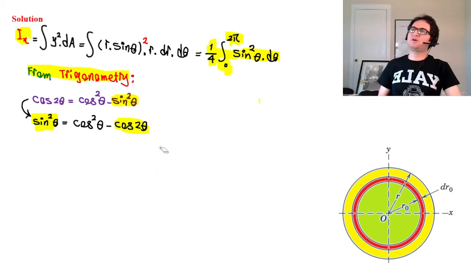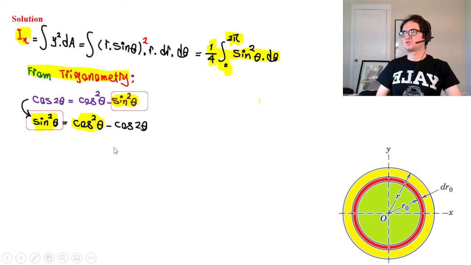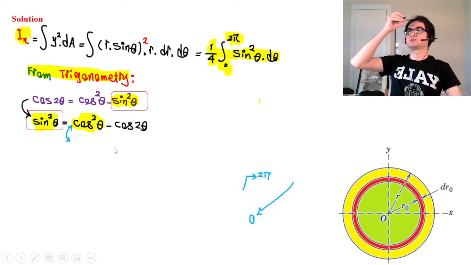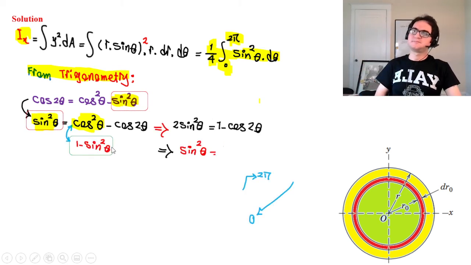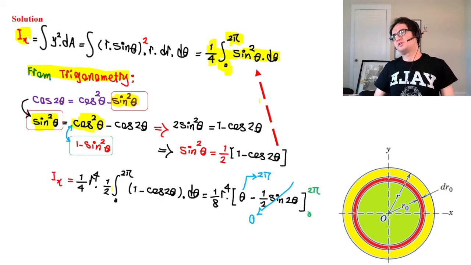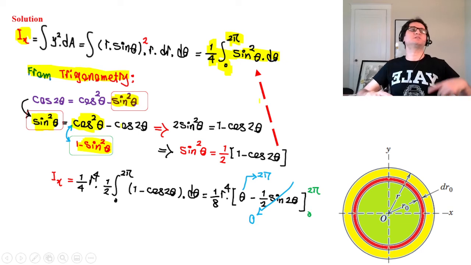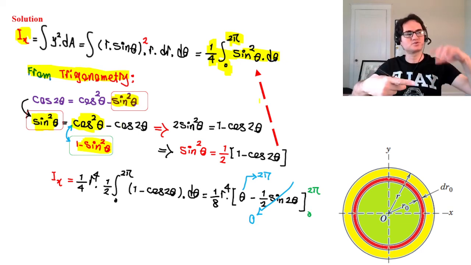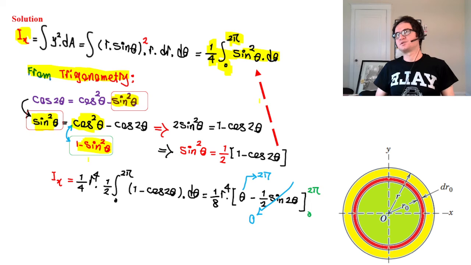At the same time, cosine squared theta is 1 minus sine squared theta. Using a bit of trigonometry, we replace cosine squared theta by 1 minus sine squared theta, because sine squared theta plus cosine squared theta equals unity, that's one.